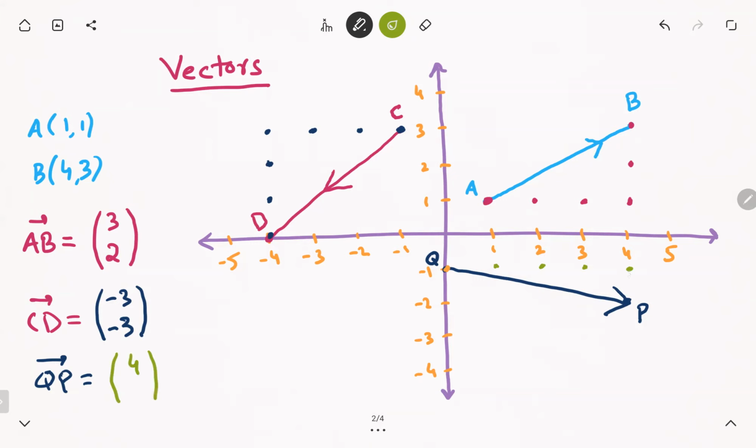Then you need to go 1 unit down. So 4 unit right and 1 unit down. So 4 is positive, 1 unit down means 1 is negative. So -1. So that is how you will write your column vector.